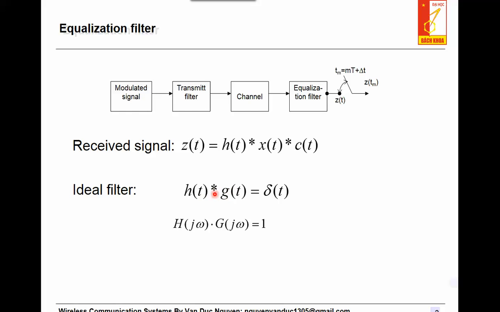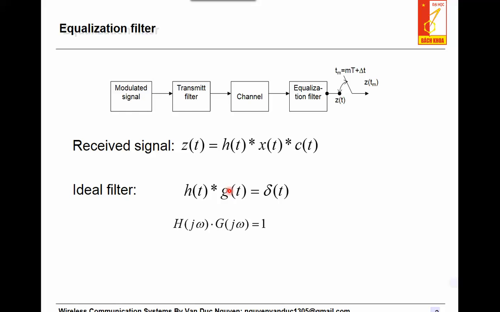I think this is not G, it should be C, not G. Could you correct it, instead of G, write C? I was wrong here, and here also C. That is the filter coefficient.